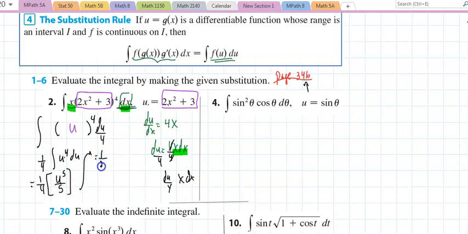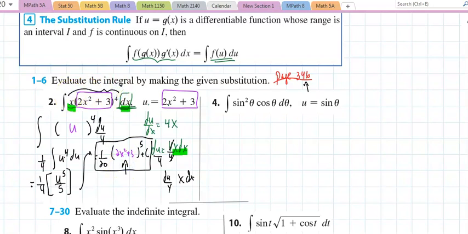That would be 1 over 20 times u raised to the fifth. Don't forget the plus c. And what was u again? u was 2x squared plus 3.